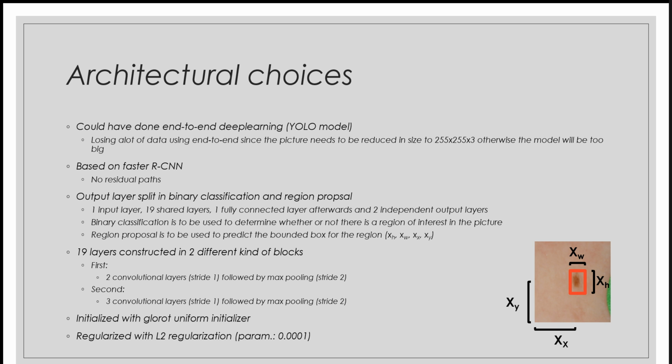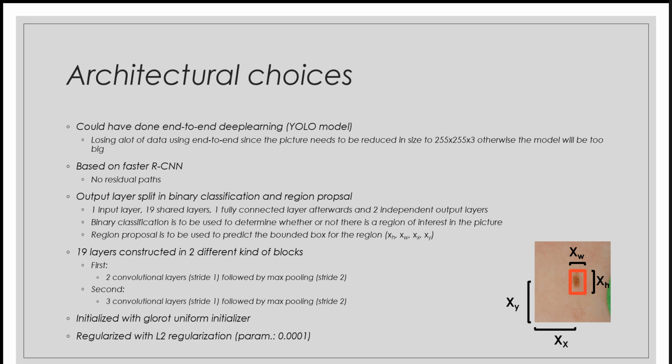The model is basically 19 layers consisting of 2 different blocks. The first block that I used was 2 convolutional layers followed by a max pooling layer. And the second block I used was 3 convolutional layers with a max pooling layer afterwards. It's pretty common stuff, nothing fancy about using max pooling layers for reducing dimensions in that fashion.